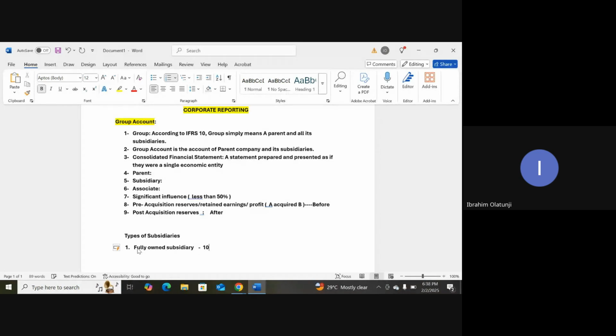When a parent acquires everything, that is, a parent will have control of 100%, we call it fully owned subsidiary. So if you read a question and you discover that the parent acquired 100% of the subsidiary, what they are saying is that it is a fully owned subsidiary.